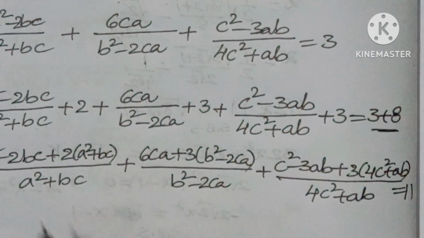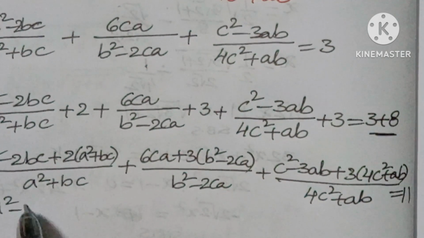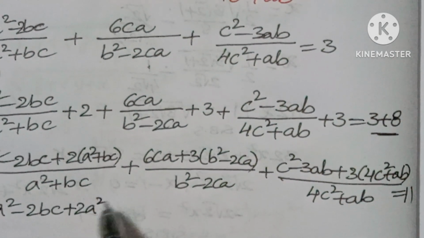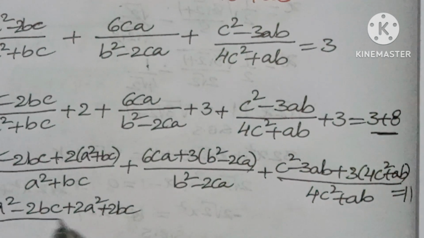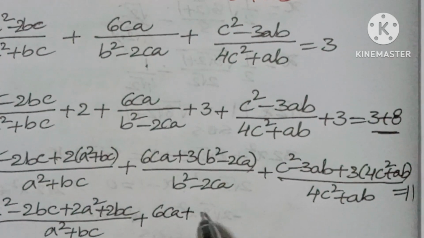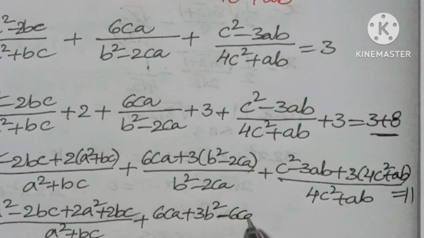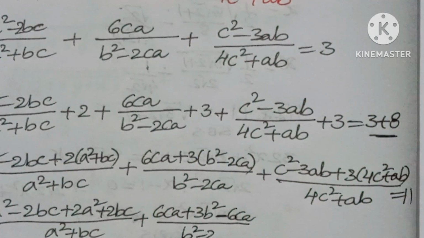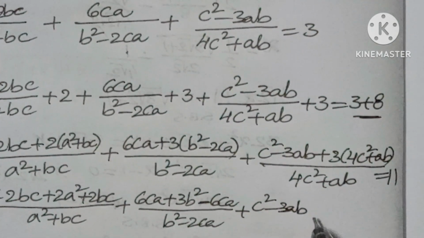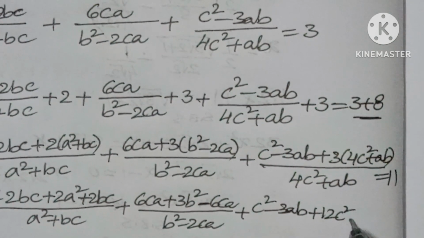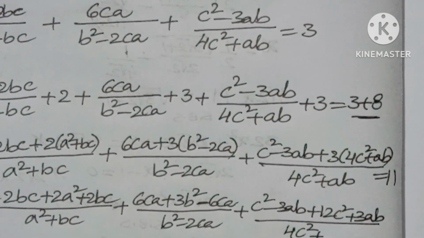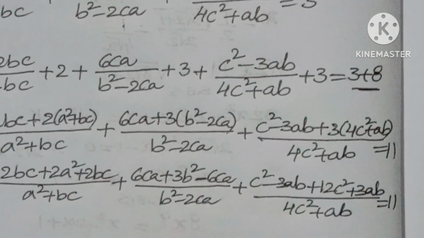Now if you open the bracket: a square minus 2bc plus 2a square plus 2bc by (a square plus bc), plus 6ca plus 3b square minus 6ca by (b square minus 2ca), plus c square minus 3ab plus 12c square plus 3ab by (4c square plus ab) is equal to 11.